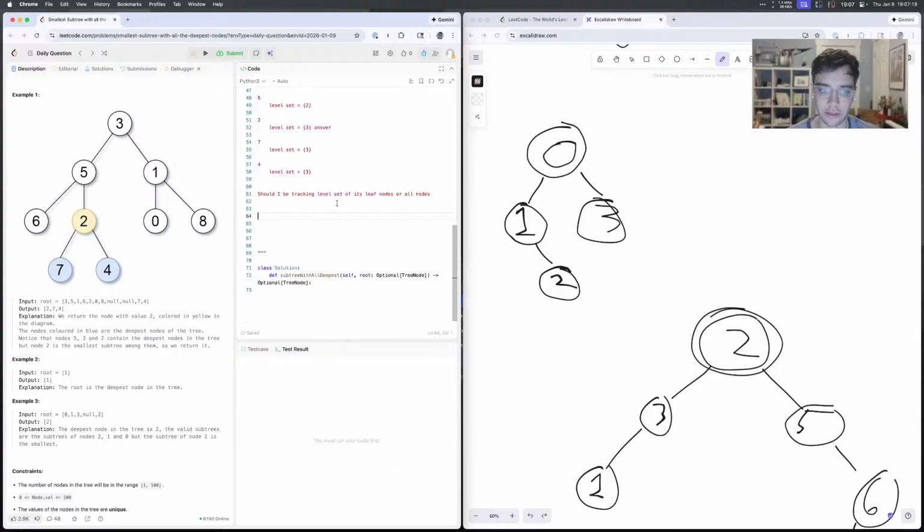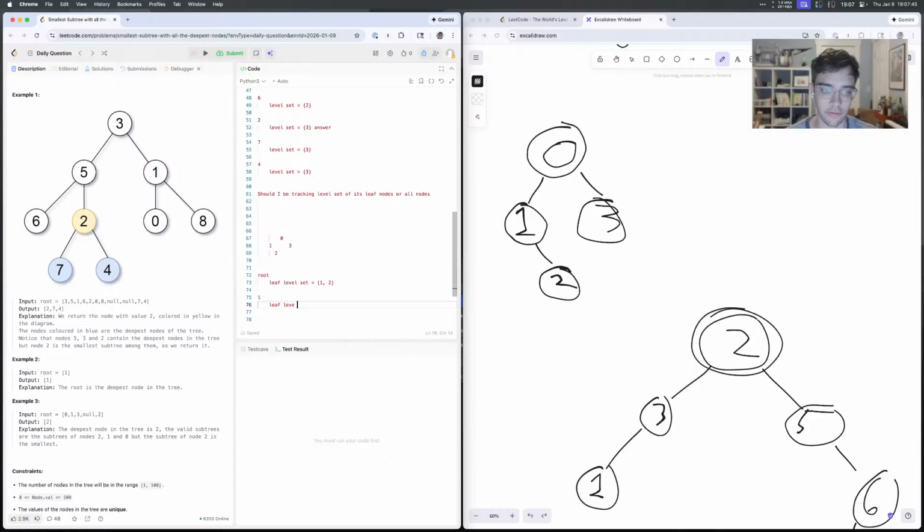So going to this example, 1 0 1 2. So root leaf level set equals... It says 3, which has a level set of 1, and this 2, which has a level set of 2.